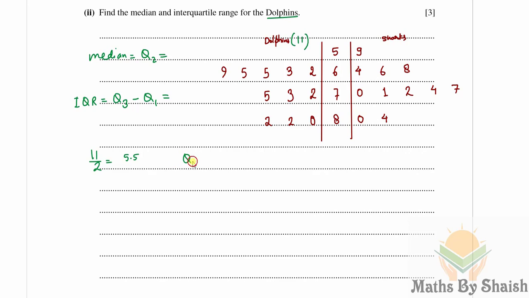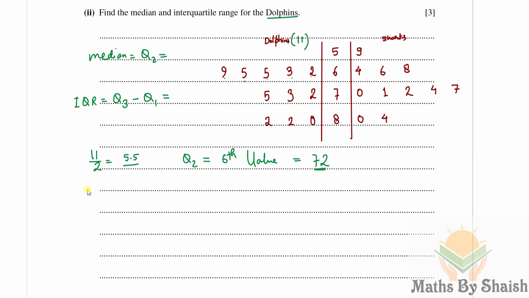For Q2, if it is an integer value, then we take the sum of the two consecutive values and divide by 2. Otherwise, if it is not an integer, we take the next integer value, so in this case we will take the sixth value. So Q2, the median, is the sixth value, and counting 1, 2, 3, 4, 5 and 6, it is 72. So the median is 72.